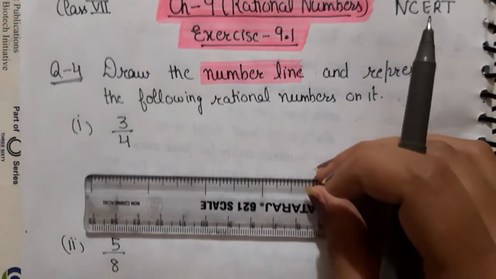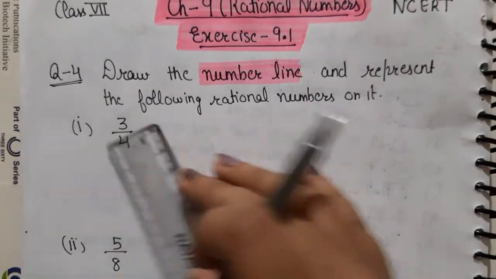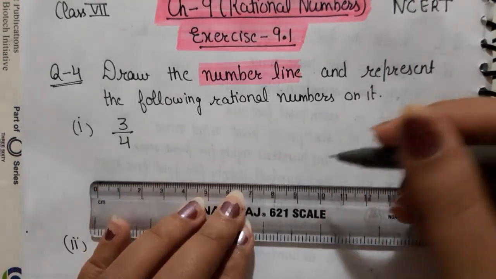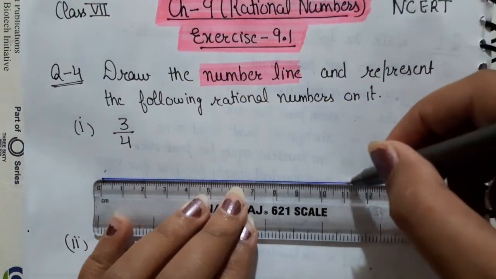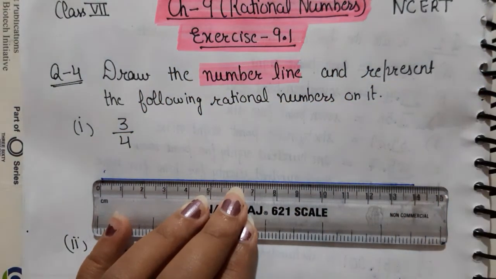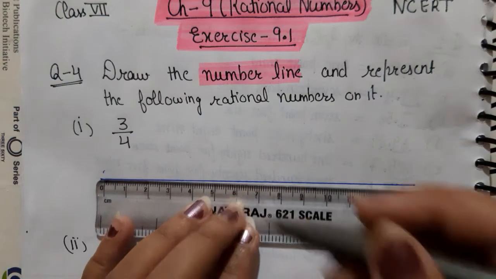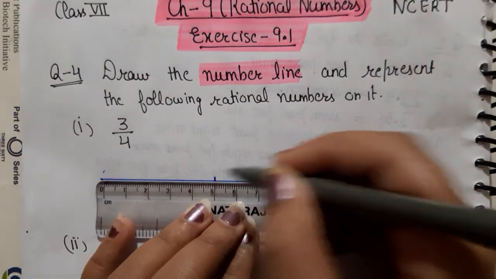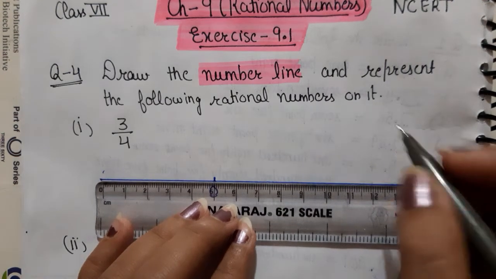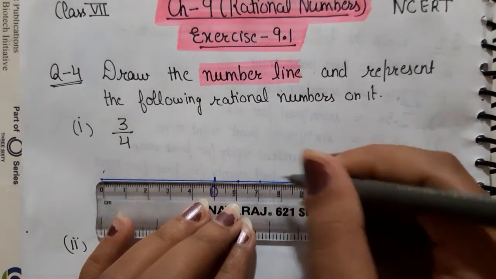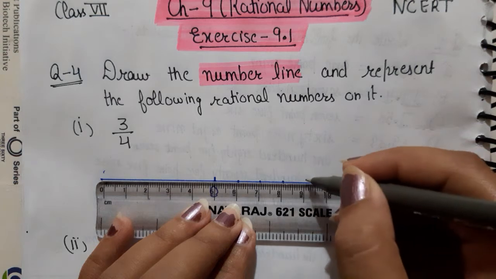So see how to draw this. You will draw with pencil and scale, not with pen. Suppose this is 0, and the distance should be equal.